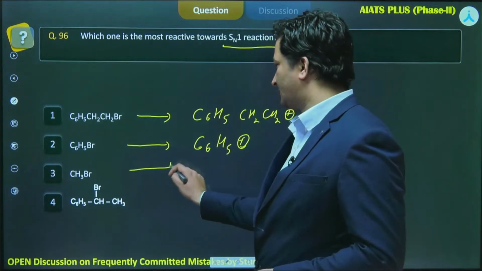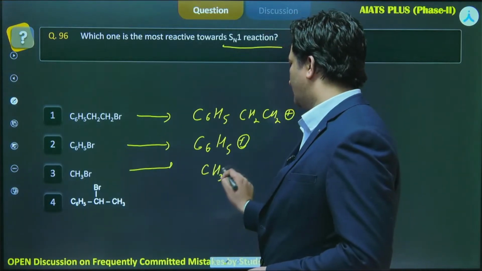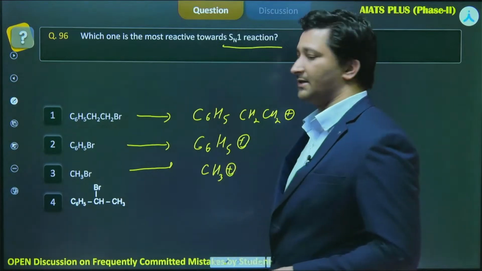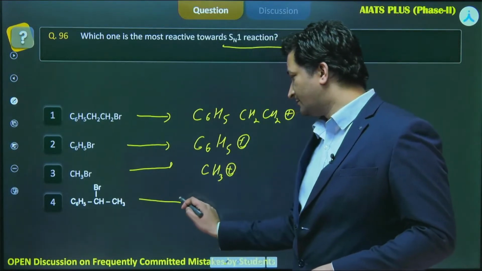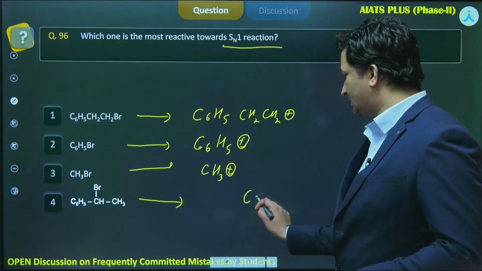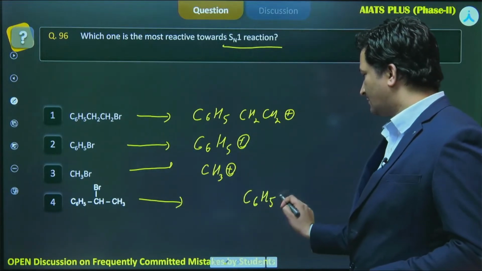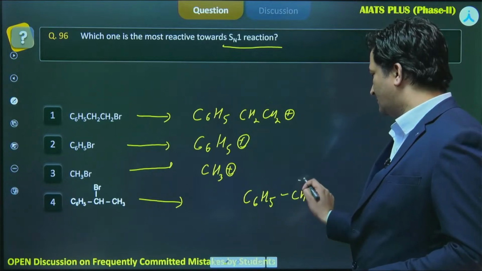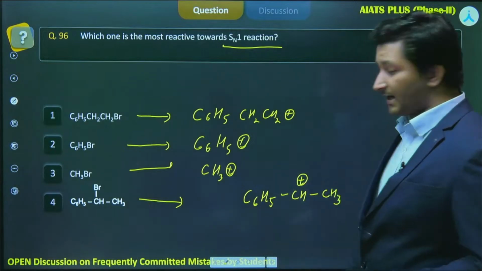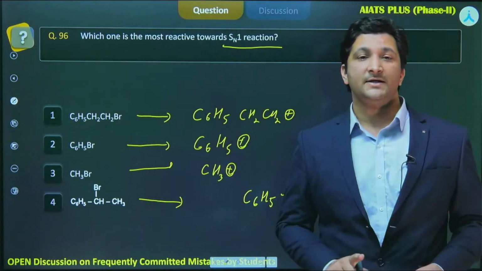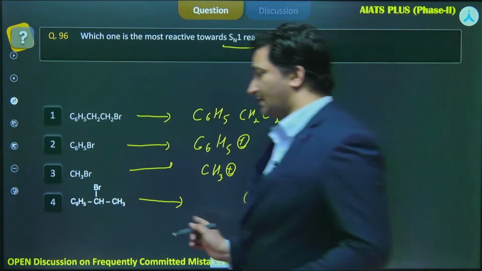Now, this CH3 will produce CH3+, okay? And this C6H5CH+CH3. Now try to understand this fact, that this one is very important, a very stable form here.